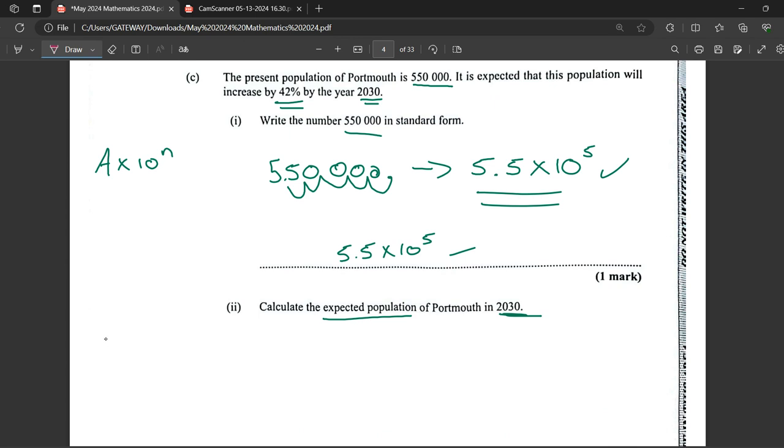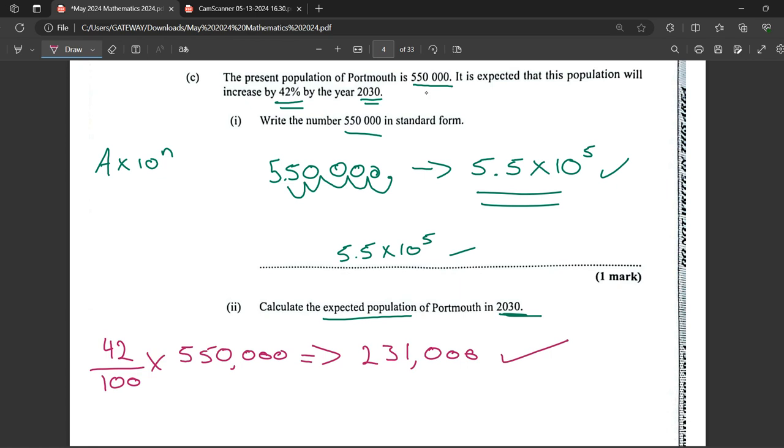So 42 as a percent is 42 over 100, and you're multiplying that by the total amount there, which is 550,000. Yeah, you have a calculator, so you have to utilize the calculator in the exam. So this is 231,000, right? That is 42% of the 550,000.